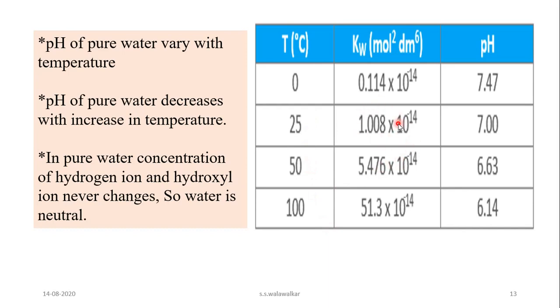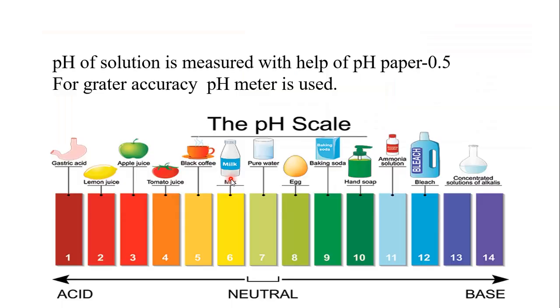Water is a weak electrolyte, and its degree of dissociation increases and more hydrogen ions are present in the solution, and therefore the pH decreases. But the solution, that is pure water, is neutral in nature. So this point is also most important.